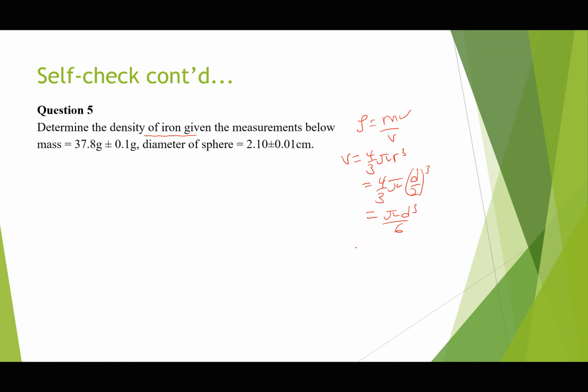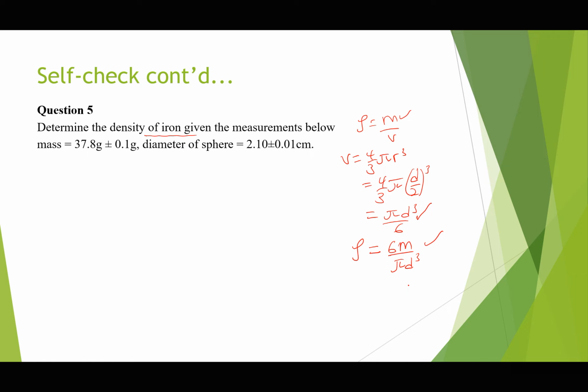So the formula you'll be using for the density, when I substitute for V with this expression, the 6 goes up. So it becomes 6m over pi d cubed. You will now use this expression to find the density with its absolute uncertainty.